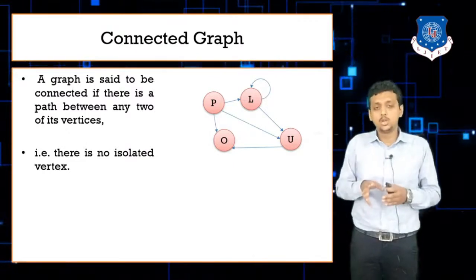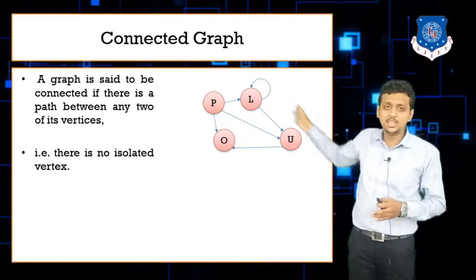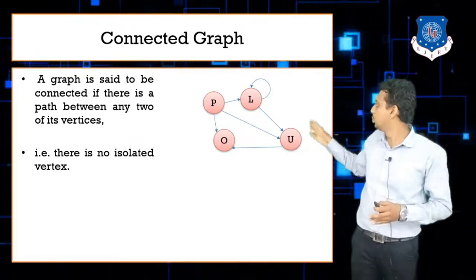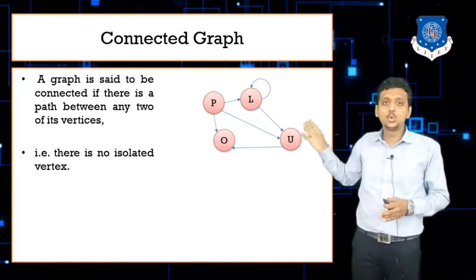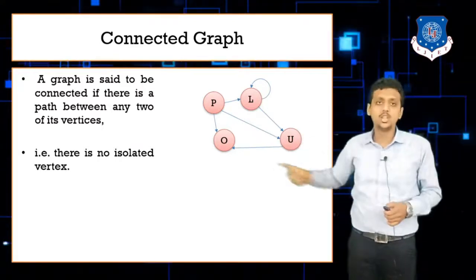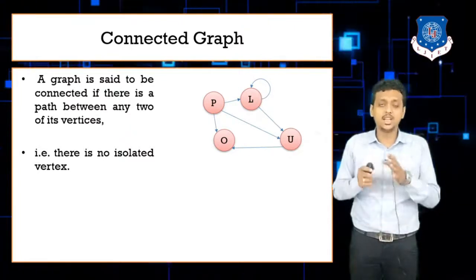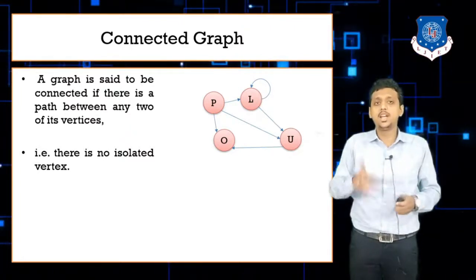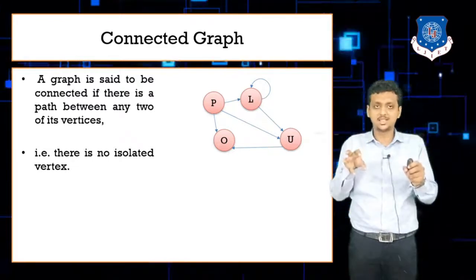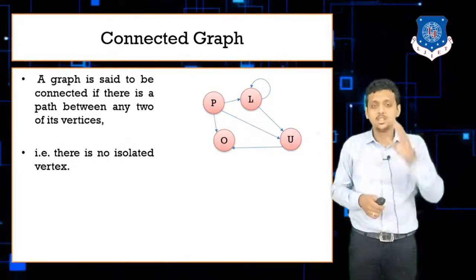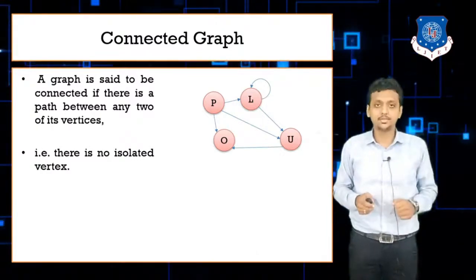Take P and O, these are connected with each other. P to U, you can go directly. O to U, yes. That's why this is known as a connected graph, where a path exists between any two vertices.